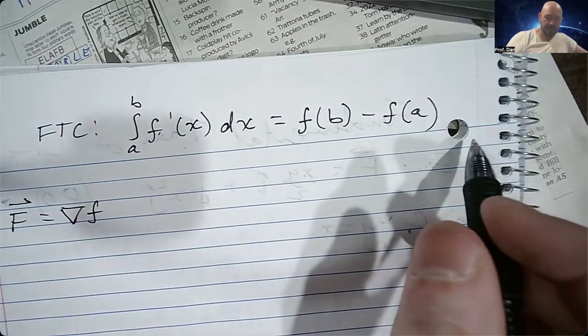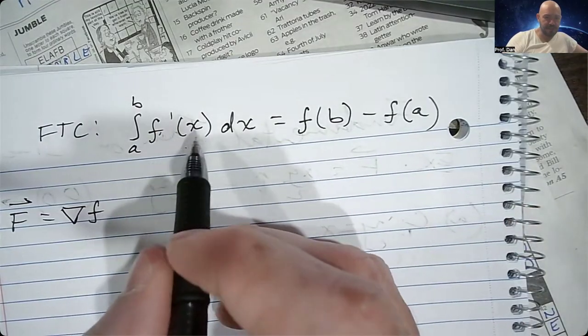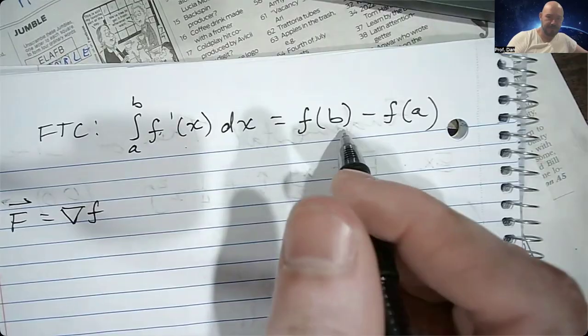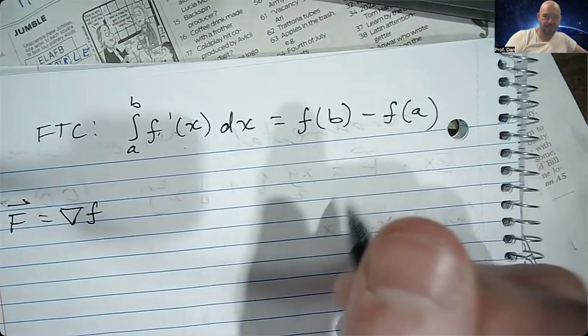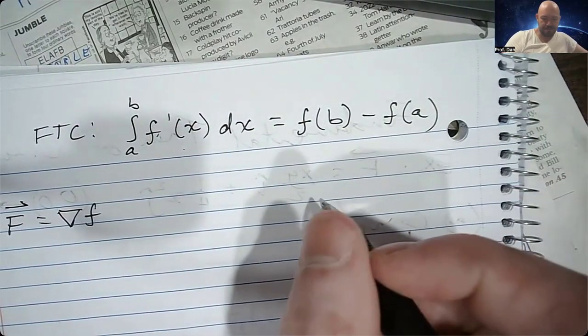Okay, that's your fundamental theorem of calculus. If you take the integral of a derivative, you get the original, and if it's definite, you subtract what you get from plugging in the endpoints.